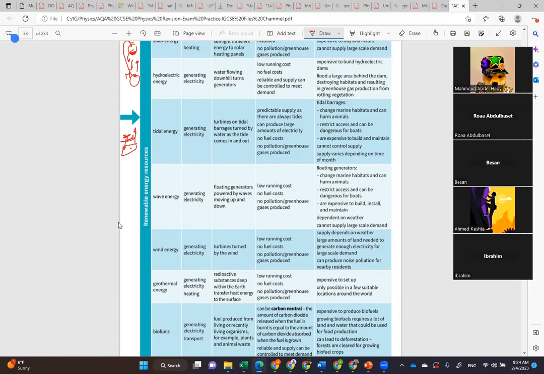But the disadvantages are that floating generators change marine habitats and can harm animals, the same as the tidal barrages. They also restrict access and can be dangerous for boats, the same as the tidal barrages, and are expensive, the same as the tidal barrages, and also cannot supply on a large scale.